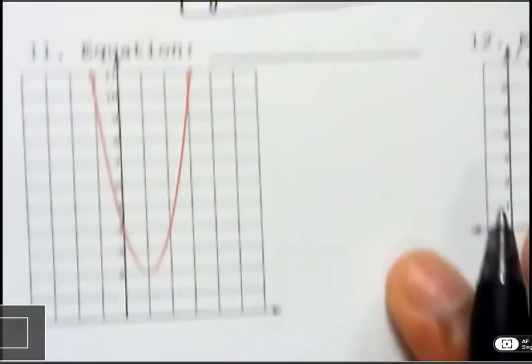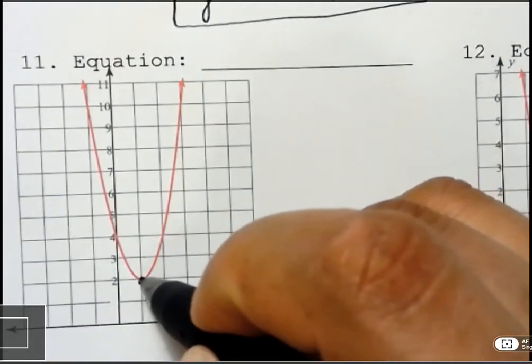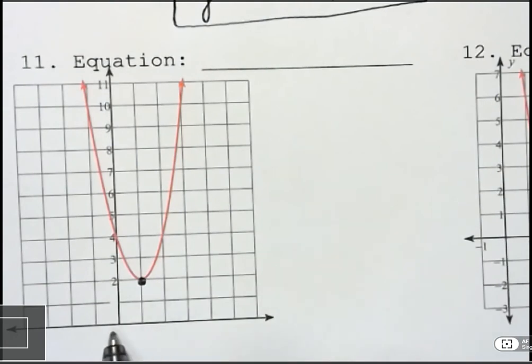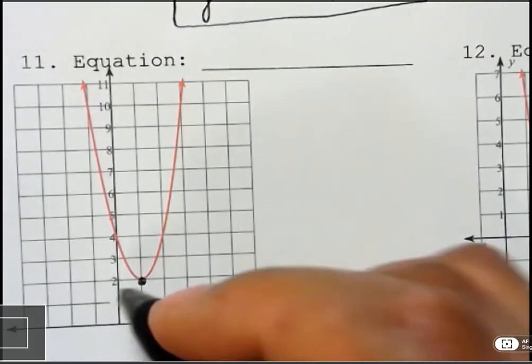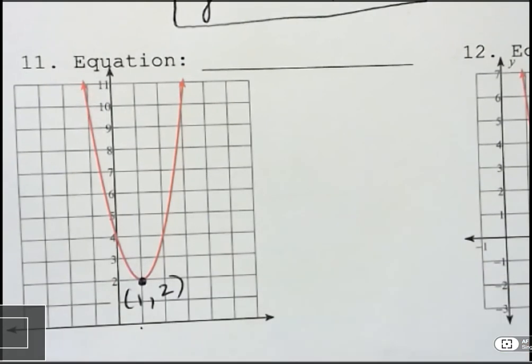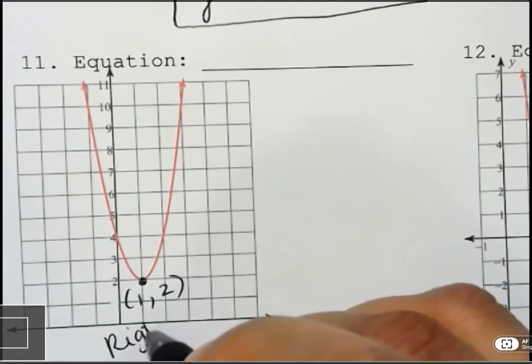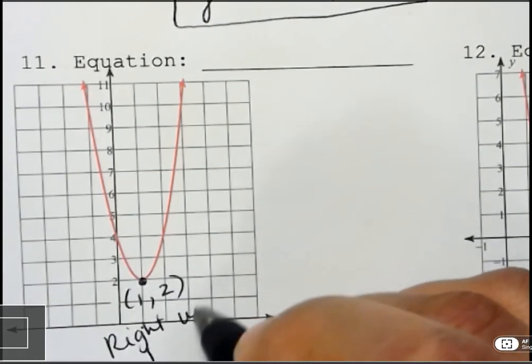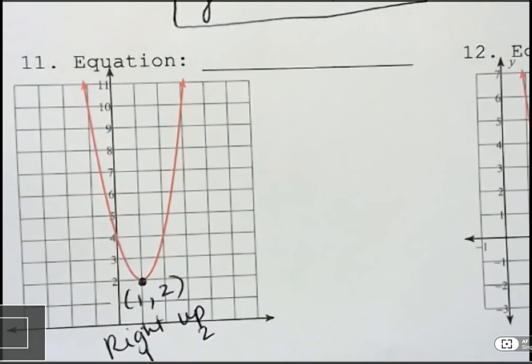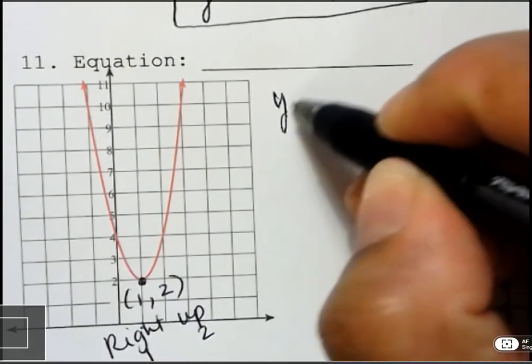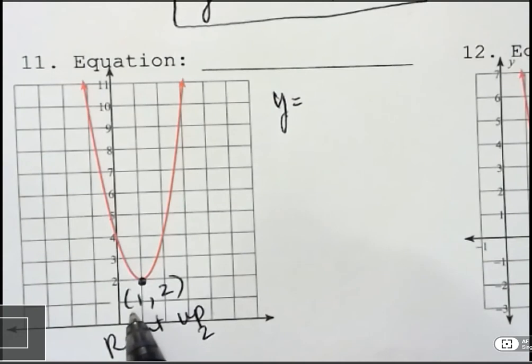Next one. This one. This vertex happens at (1, 2). So that means you move to the right 1 unit and you went up 2 units. So y equals, remember you do the opposite for the h value. So this is a positive 1.